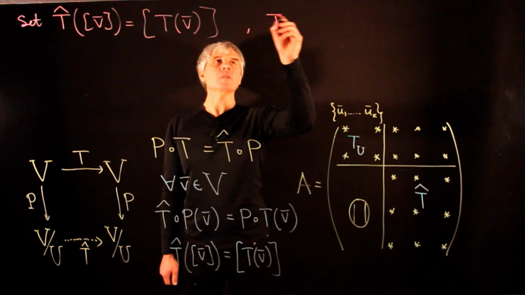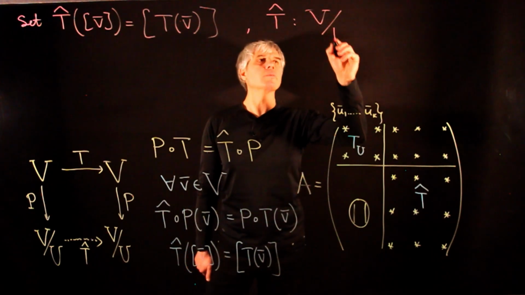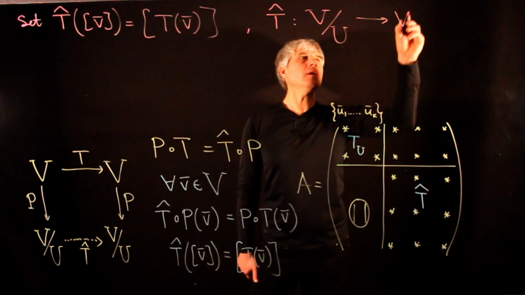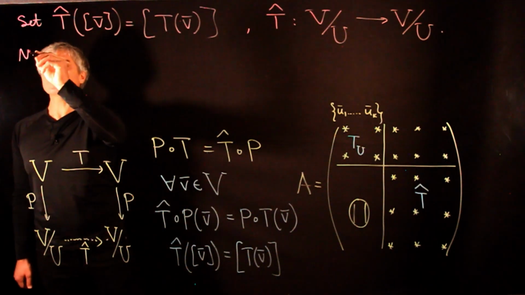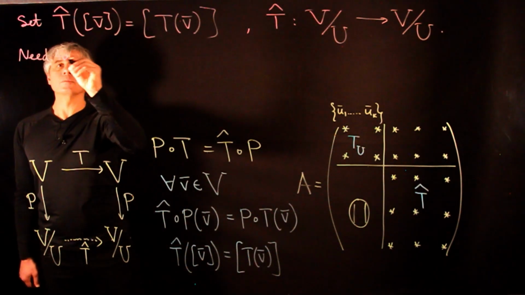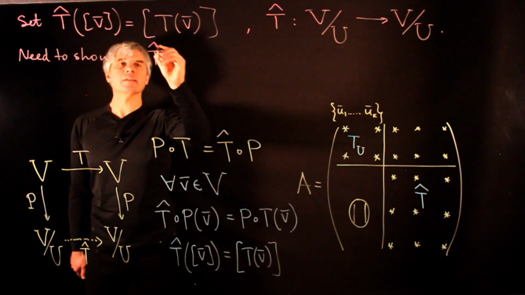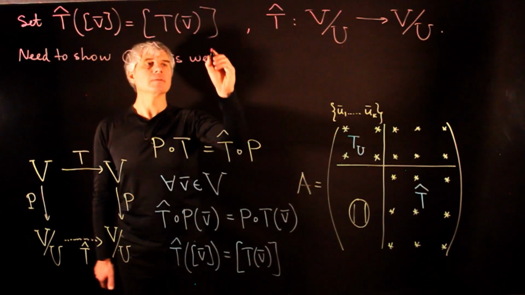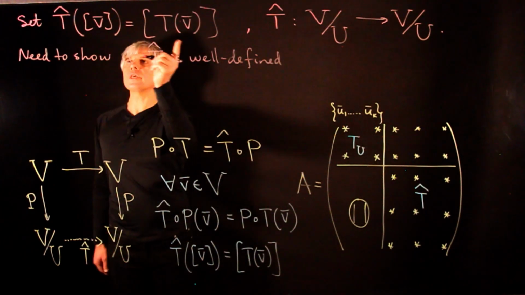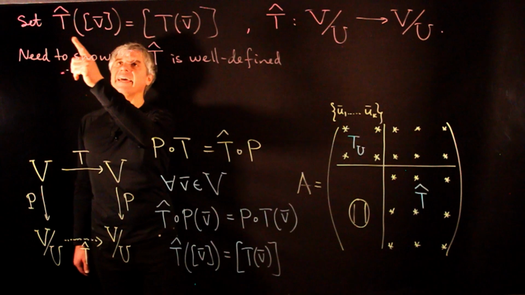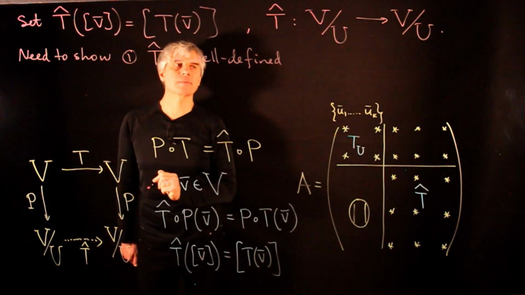And we want this to give a linear operator from V quotient by U to V quotient by U. So here we need to show, first of all, that T hat is well defined. Again, we need to do this because the definition of T hat is given in terms of representatives of an equivalence class.